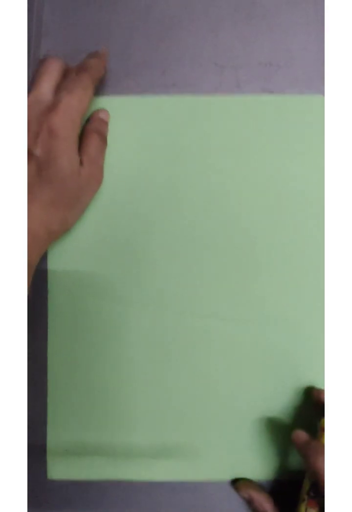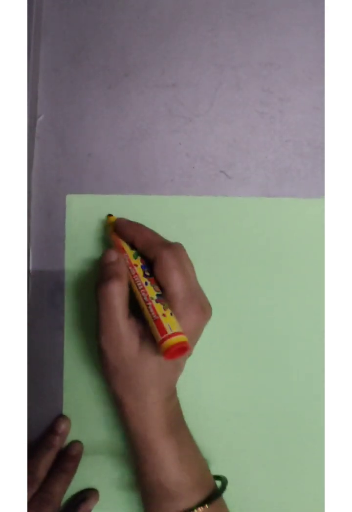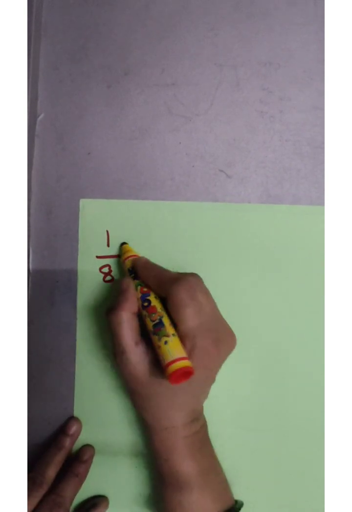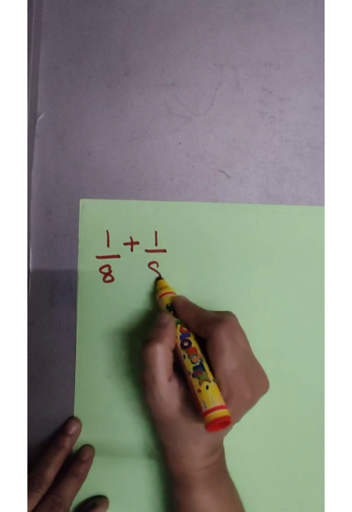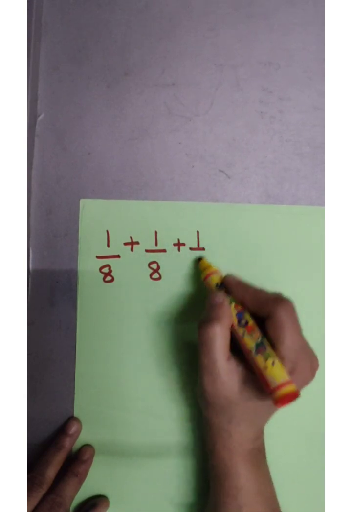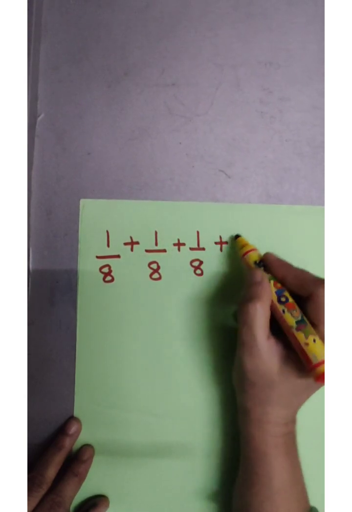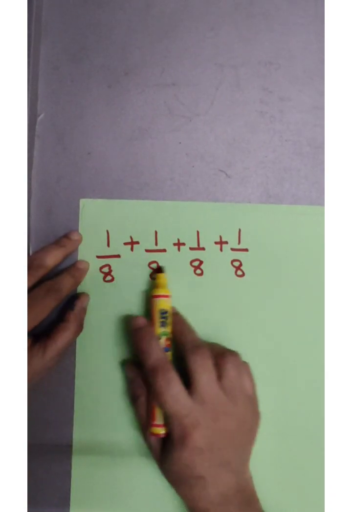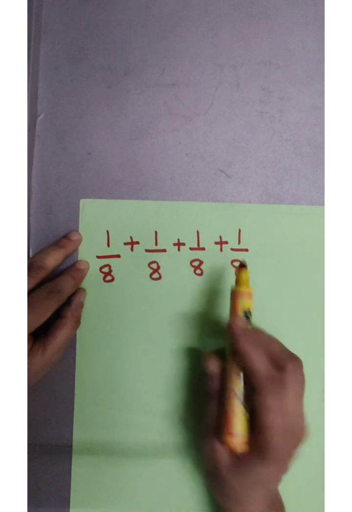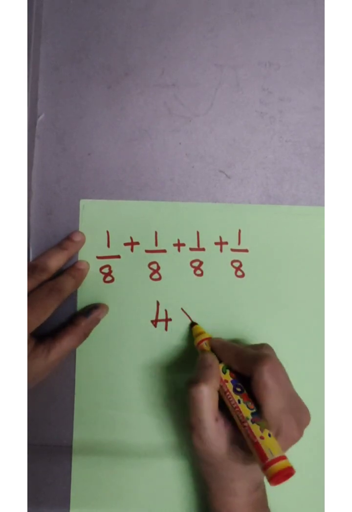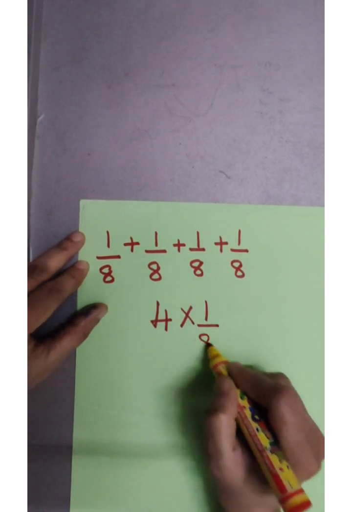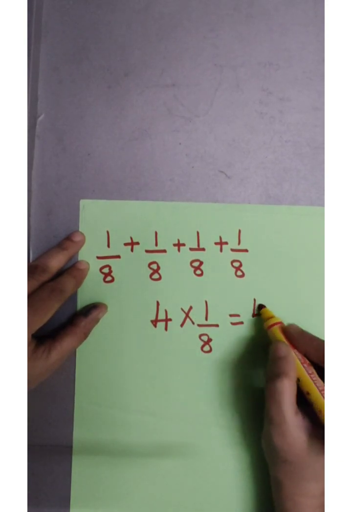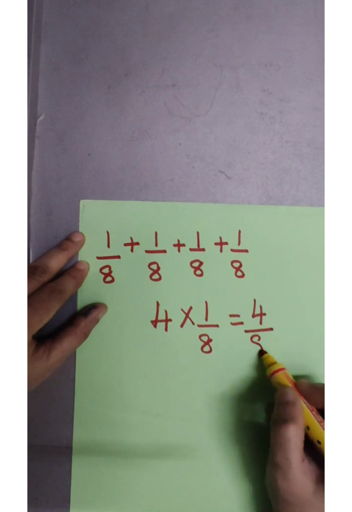Let us add some more fractions. Suppose I have the fraction 1 by 8 plus 1 by 8 plus 1 upon 8 plus 1 upon 8. So how many times did you take 1 upon 8? You have taken 4 times. So 4 times 1 upon 8 gives you 4 ones are 4 and 8 is common.